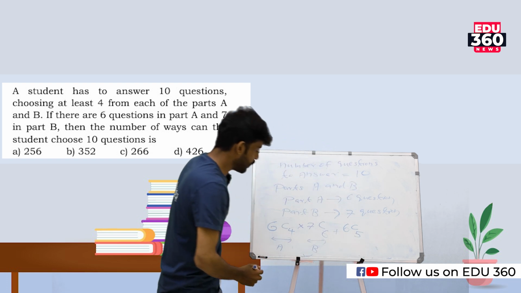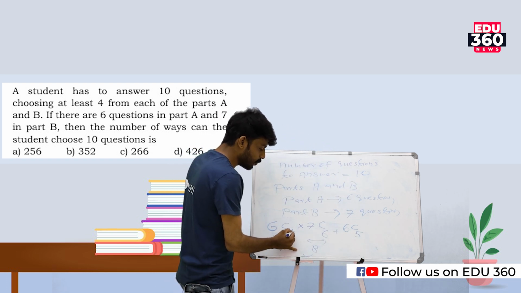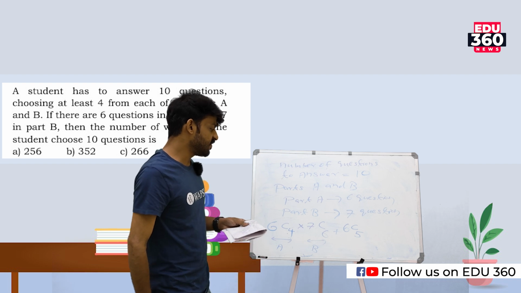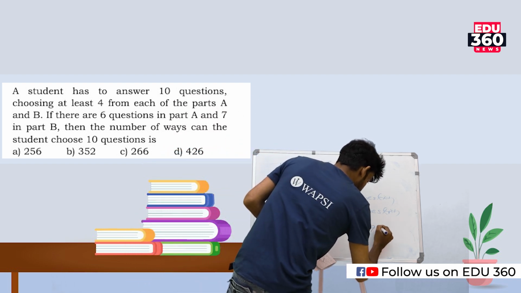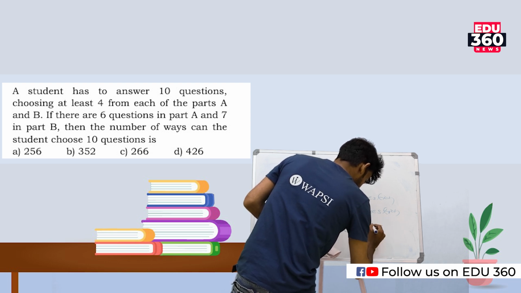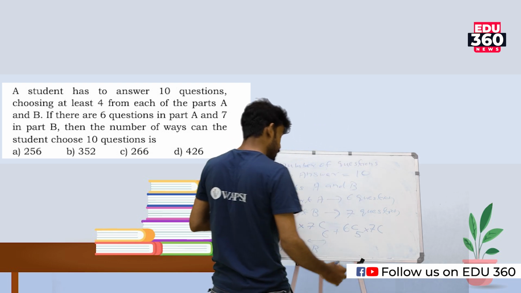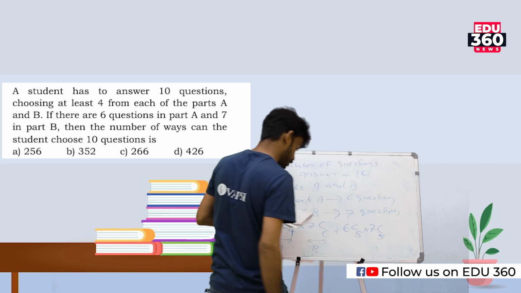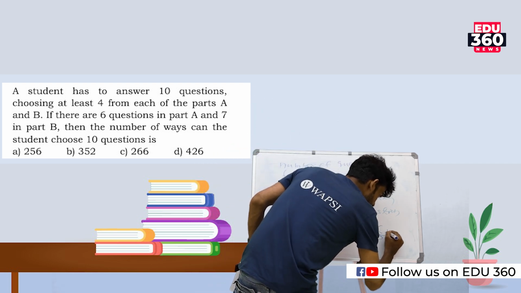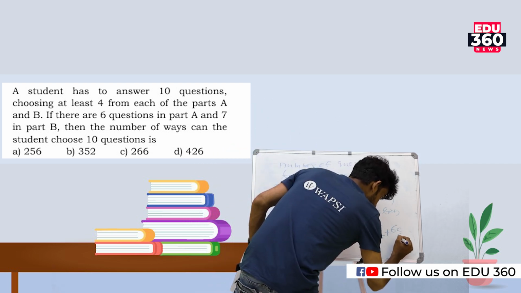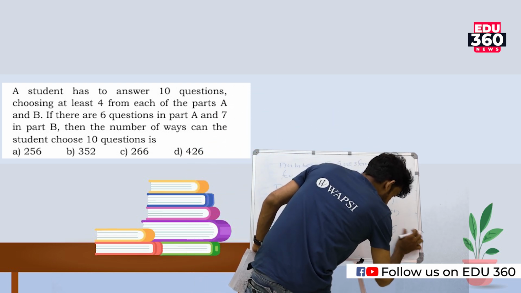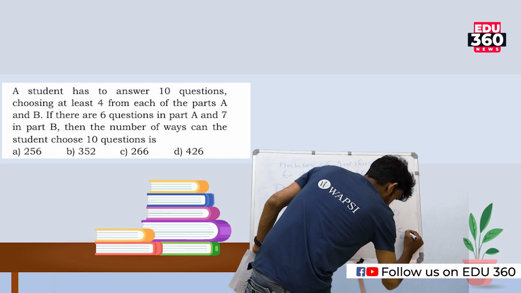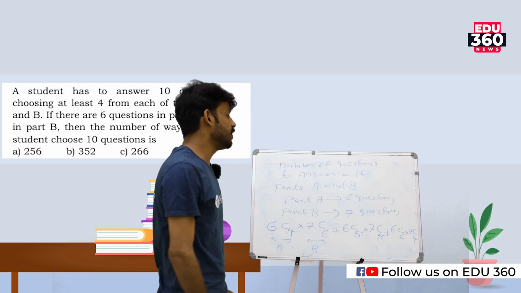6C5, here it's given at least 4. So 6C4 into 7C6 plus 6C5 into 7C5 plus 6C6 into 7C4.